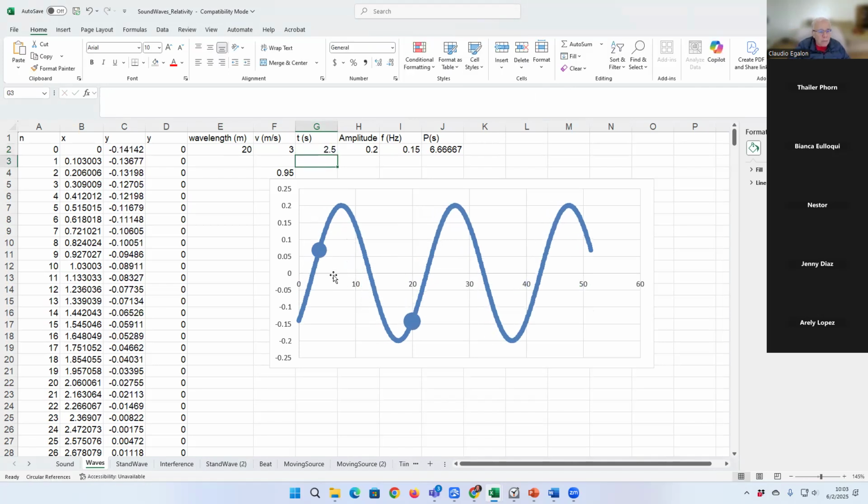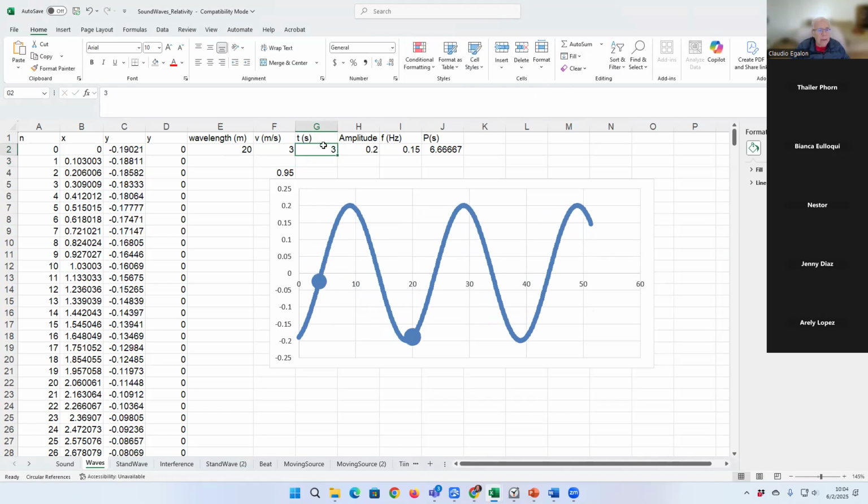I want you to pay attention to this point. This point is not moving from the left to the right. This is a point of our wave, like a point along the string. Notice that those 2 points are not moving from the left to the right. They're just oscillating up and down.